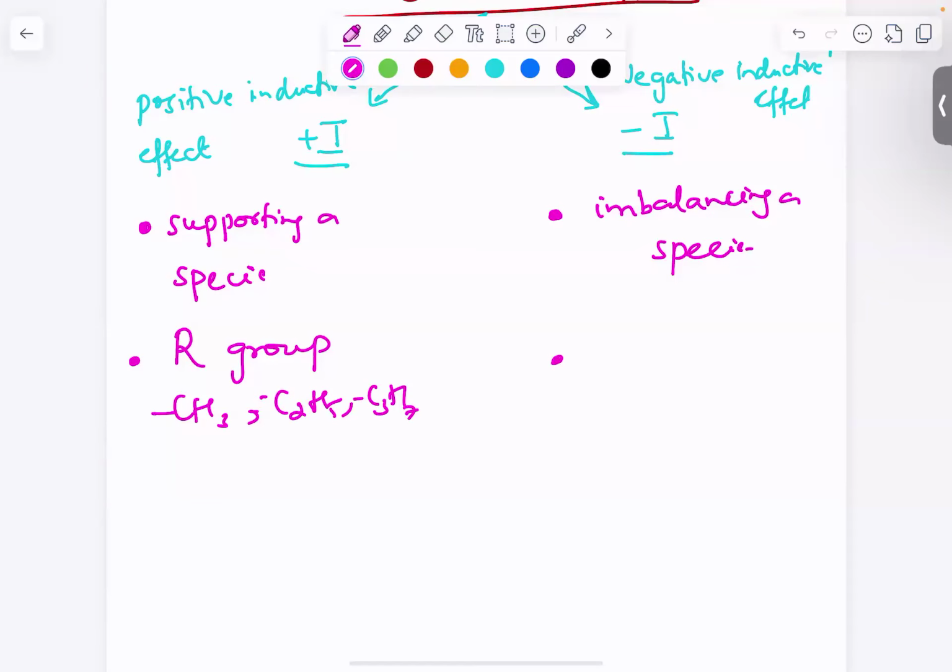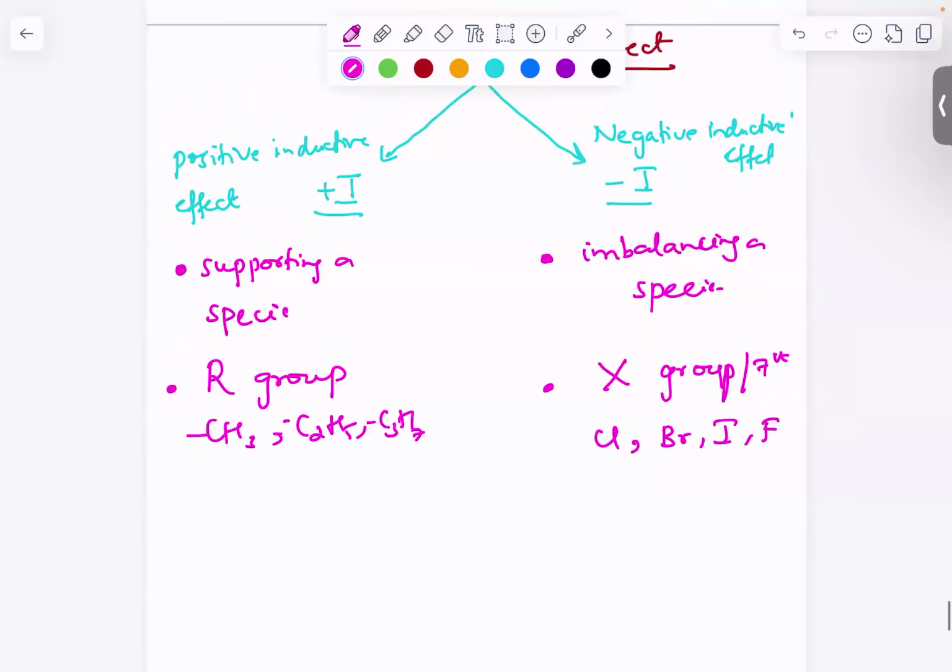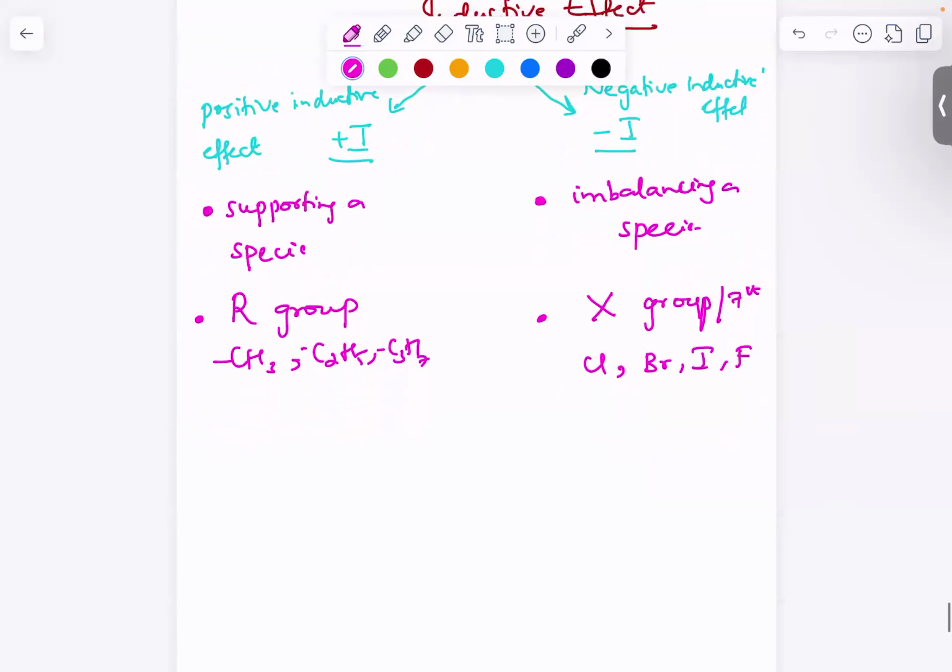And negative inductive effect is given by mostly X groups, that is group 7, chlorine, bromine, iodine, and fluorine. They give negative inductive effect. Now, what I'm going to write is very important: negative inductive effect makes a good acid.